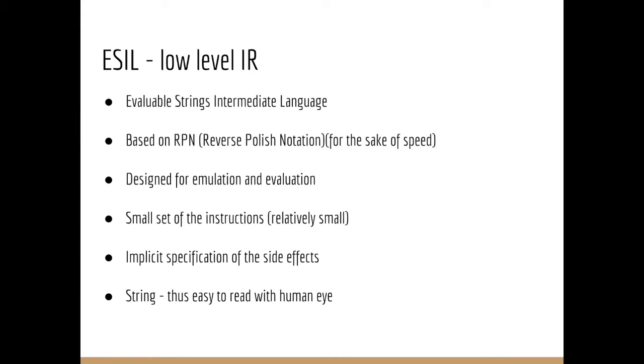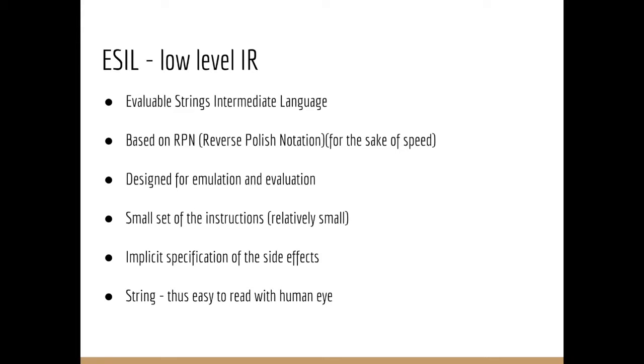ESIL is the low-level layer of the radare and radeco chain. It is a string representation of the intermediate language, in simple reverse Polish notation, to improve emulation speed and evaluation speed.